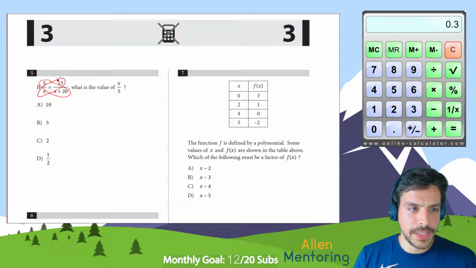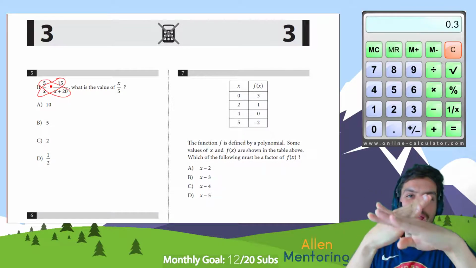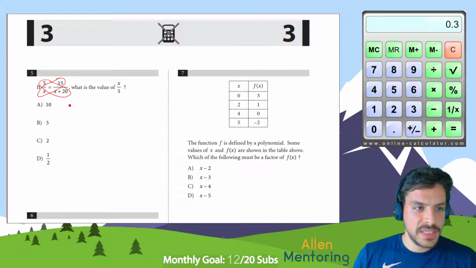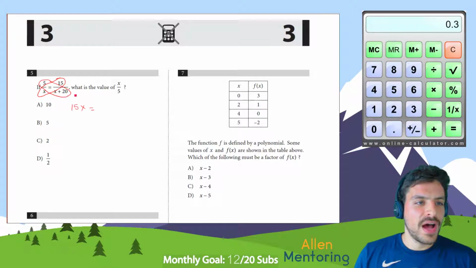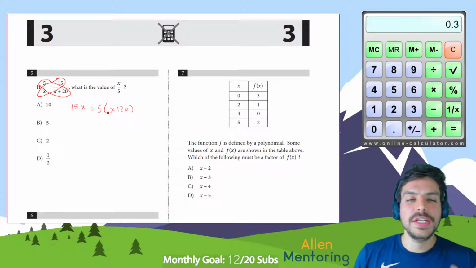Okay, and cross multiplication means that you multiply the diagonal of one and set it equal to the diagonal of the other. So my first diagonal here is 15 times x, which is also known as 15x. And we set that equal to 5 times x plus 20. And this is true for any 2 fractions that are equal to each other. Any 2 fractions will have this relationship here.